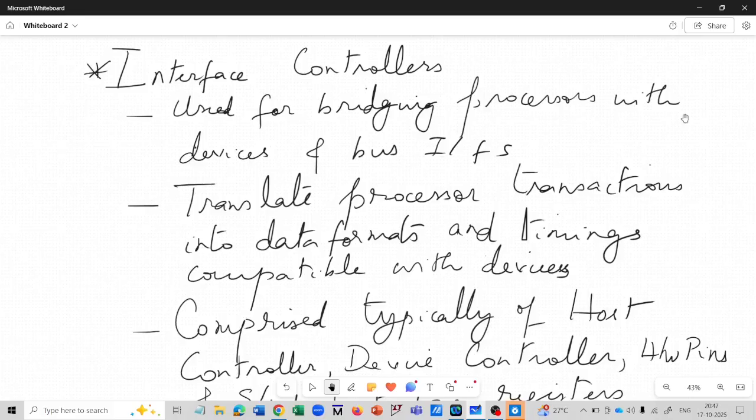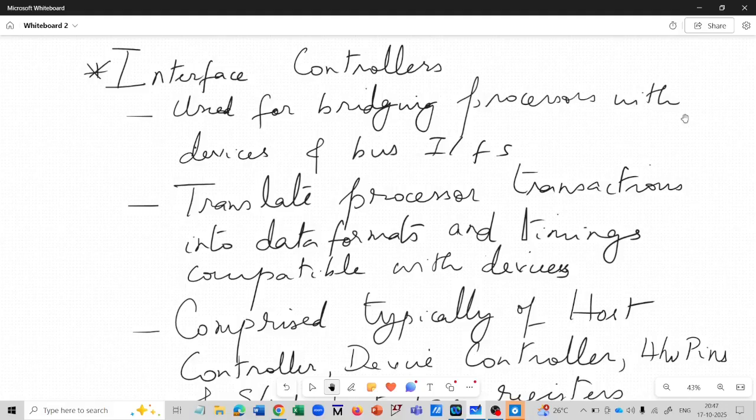So before we set about this task, let us just quickly go through the key takeaways from the first video. In the previous video, we discussed what exactly interface controllers are meant for.